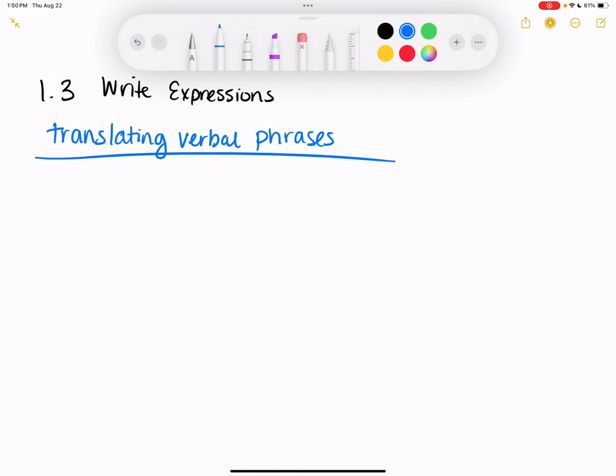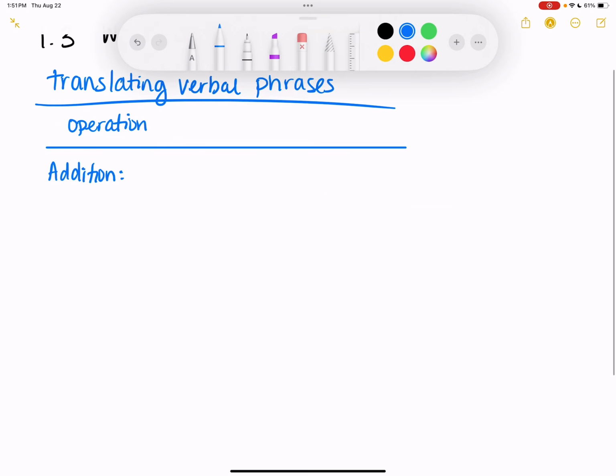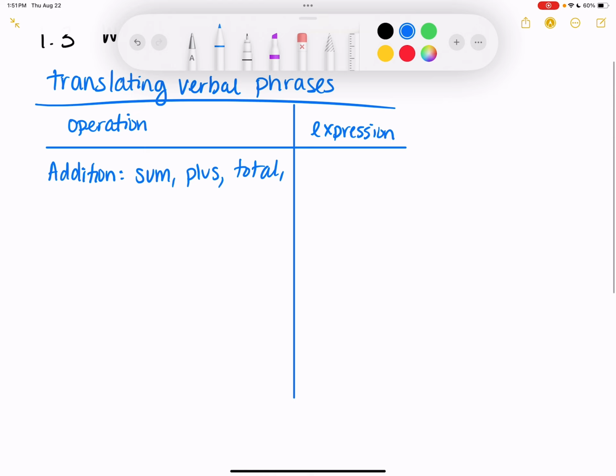The operation that's involved or the words that you're looking for is going to be the for addition, some of the keywords, and then I'm going to show you what an example of that looks like. So the expression itself is something like sum, plus, total, more than, increased by.